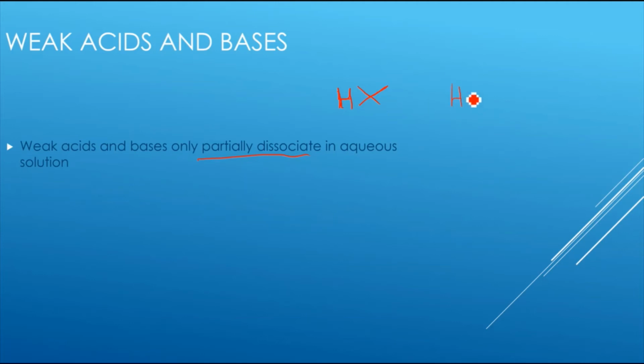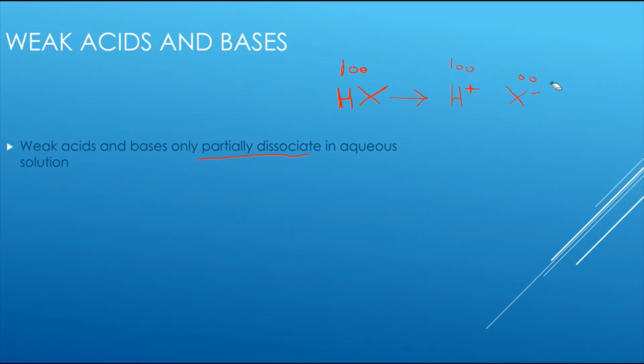Now looking at weak acids and weak bases. You need to know that weak acids and weak bases only partially dissociate in aqueous solutions. So let's say this is our weak acid, HX, and it will dissociate into H plus and X minus. When we have a strong acid, for example if we had 100 of HX, this would end up forming 100 H plus and 100 X minus.